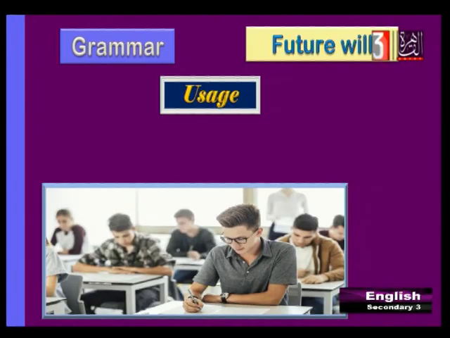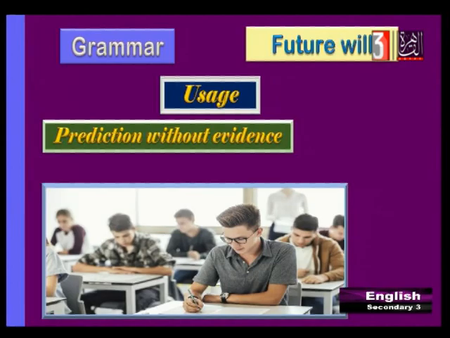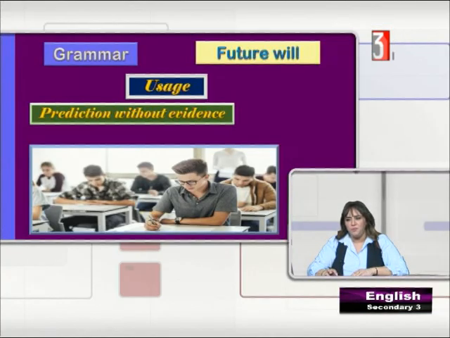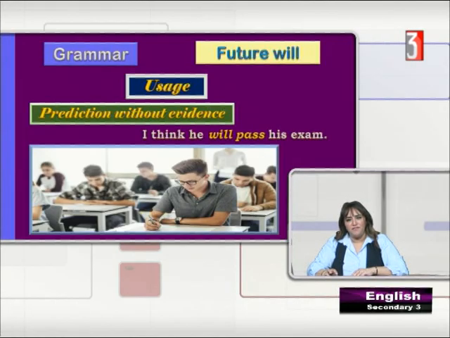What are these students doing inside the class? Prediction without evidence. So we're still working on prediction without evidence, where we use will plus infinitive of the verb. I think he will pass his exams. So we still use will plus infinitive of the verb when you make a prediction without evidence.